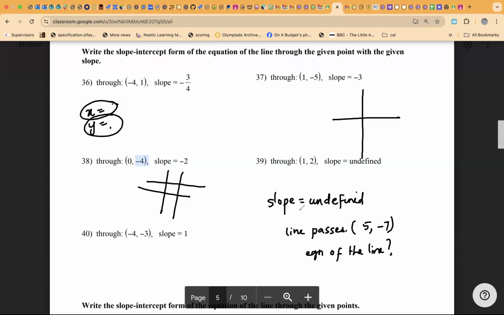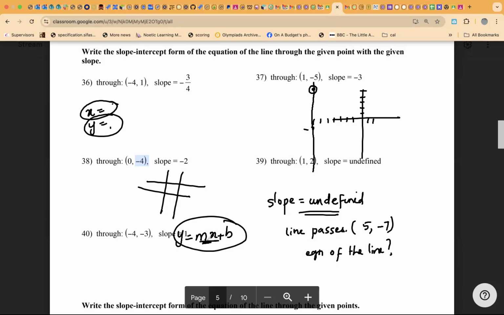See, this slope is undefined means it has to be a vertical line, right? The line passes through 5 comma minus 7. Where is 5 comma minus 7? 5 comma minus 7 is here. Do you see? 1, 2, 3, 4, 5. The line passes through this point and it is a vertical line. What will be the equation of this? The equation of this will not be in the format like this.